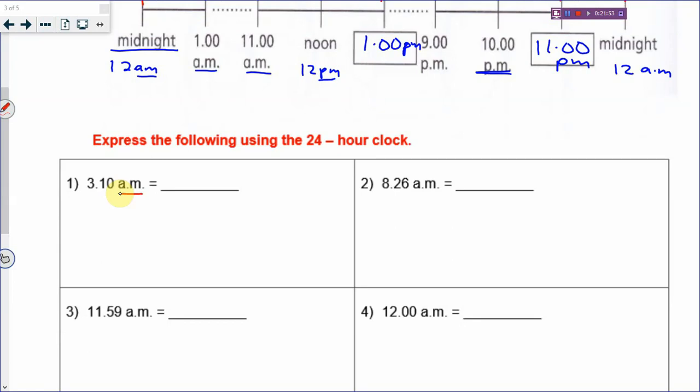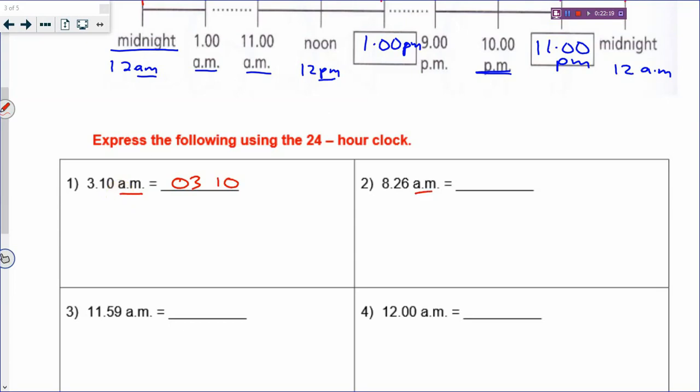Remember, your 24-hour clock must have 4 digits, but right now I only see 3 digits: 3, 1, and 0. Since it's AM, I put a 0 in front, then the 3, which is the hour. The first 2 digits are the hour, and the last 2 digits are the minutes. So 0310.